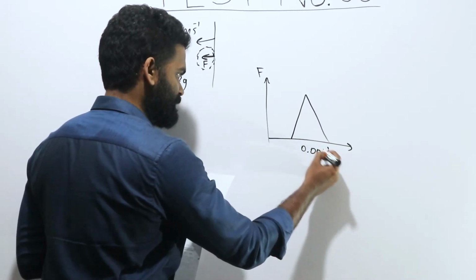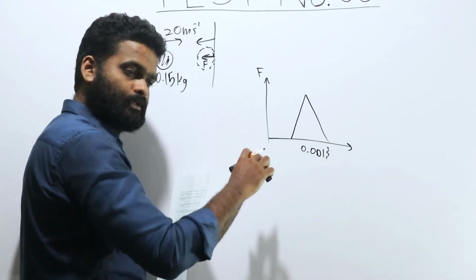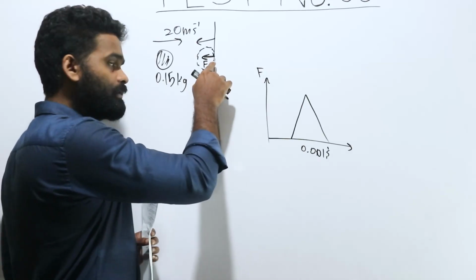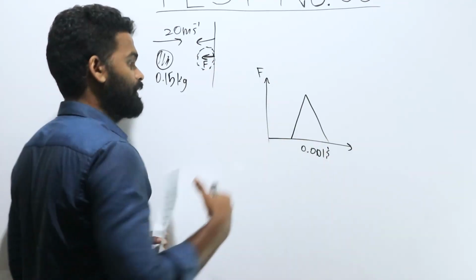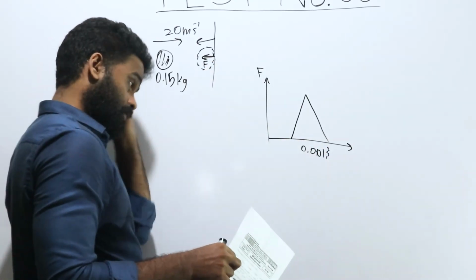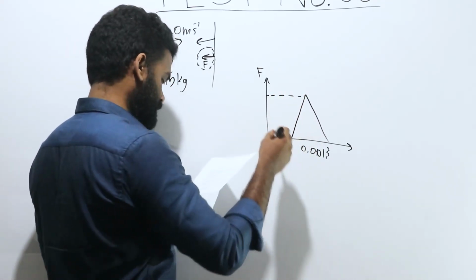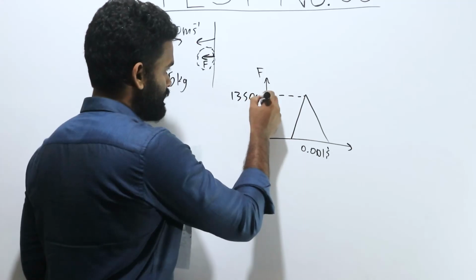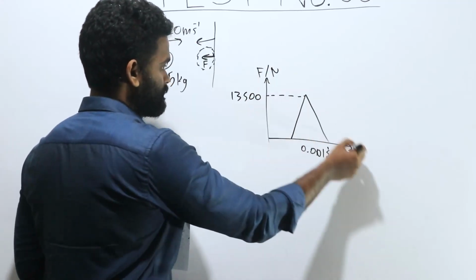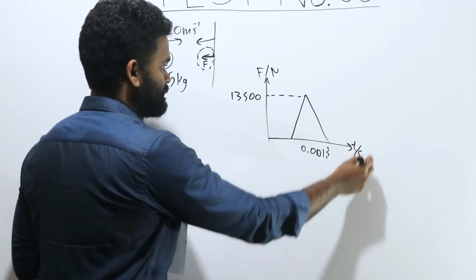The time is 0.001 second, so this is a small amount, right? The ball is incident on the bat for about a thousandth of a second. Then this force is given as 13,500 Newton.